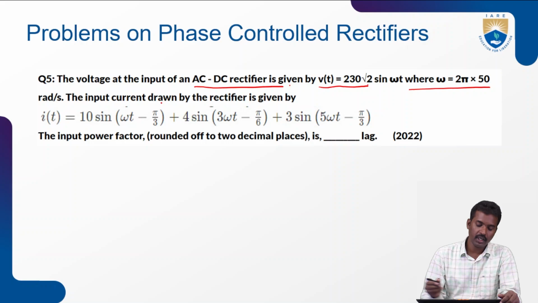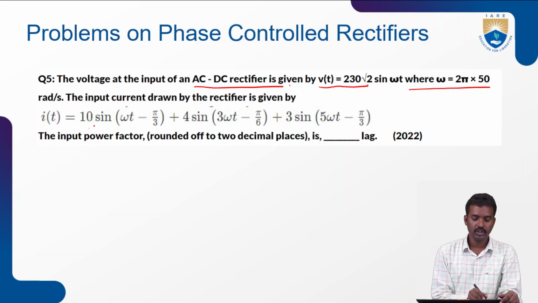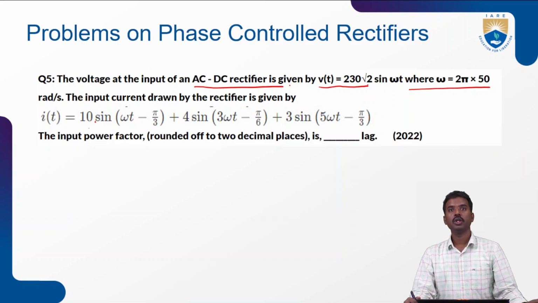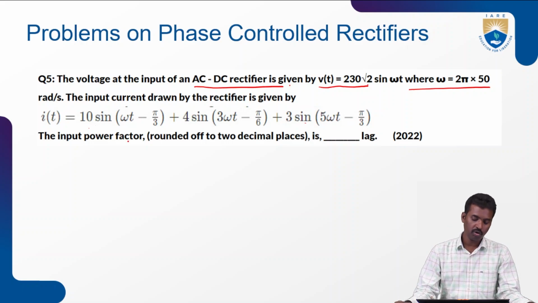The input current drawn by the rectifier is I of t equals 10 sin(omega t minus pi by 3) plus 4 sin(omega t minus pi by 6) plus 3 sin(5 omega t plus pi by 6). Calculate the input power factor.